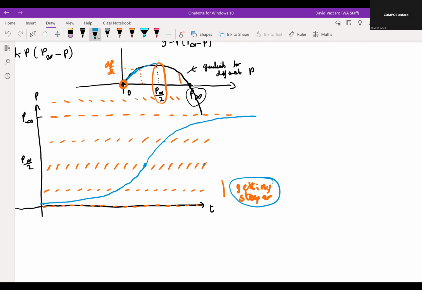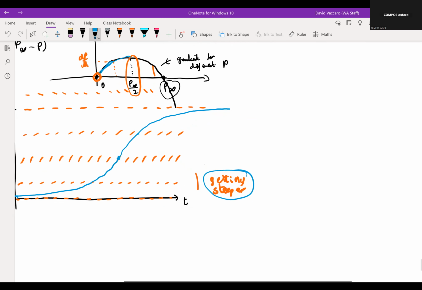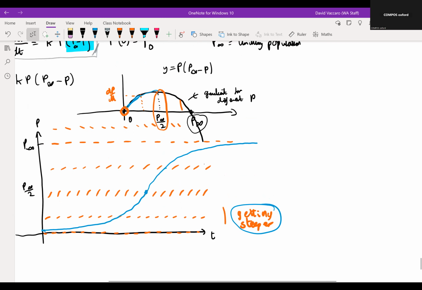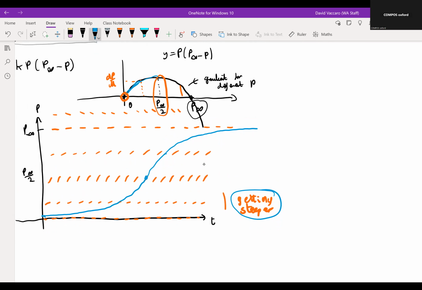But I think, although Paris's intuition about oscillations was wrong and Edith's curve was correct, what Paris had right is that you can get a decreasing population. What we can see here is if we force the population to go past p infinity, so if we stuck in too many fish, the gradient function would become negative, and so the fish population would come back down.